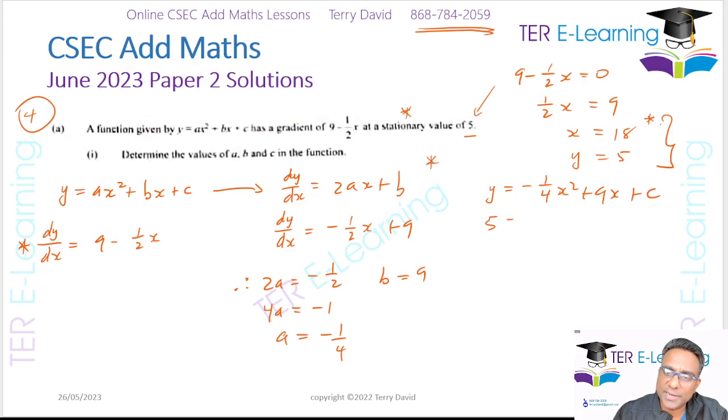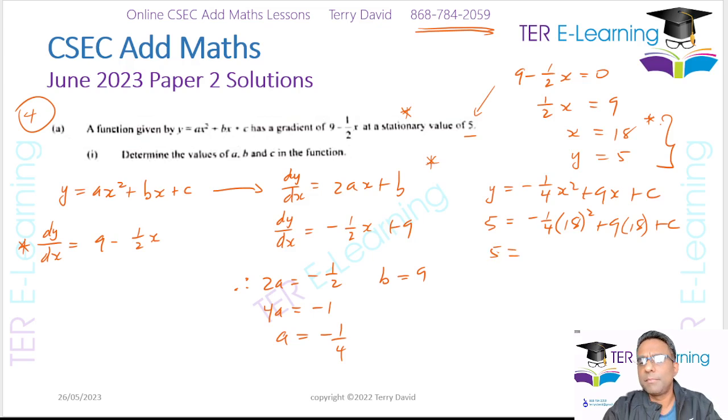So this is 5 is equal to negative a quarter by 18 squared plus 9 by 18, right, plus c. So let's do some. So 18 squared multiplied by 0.25 minus. So this here is minus 81.